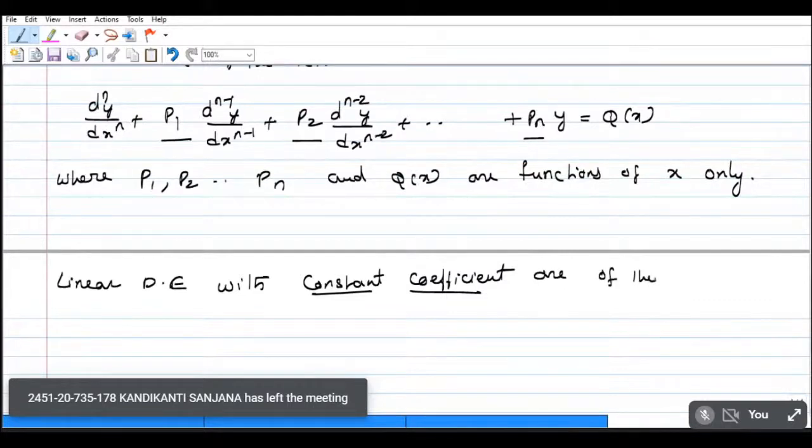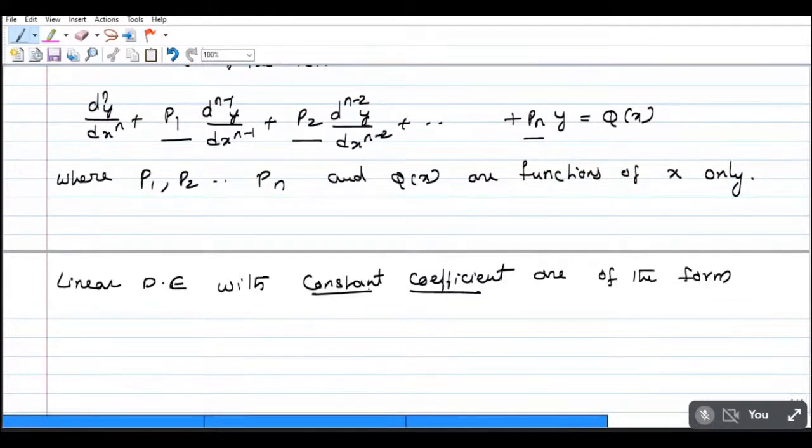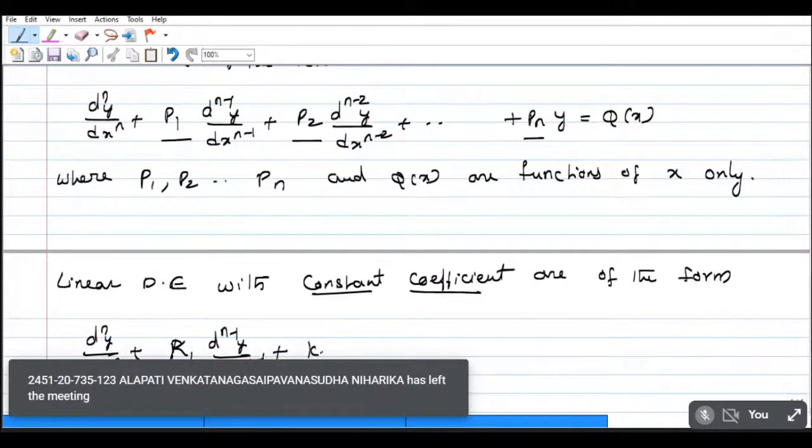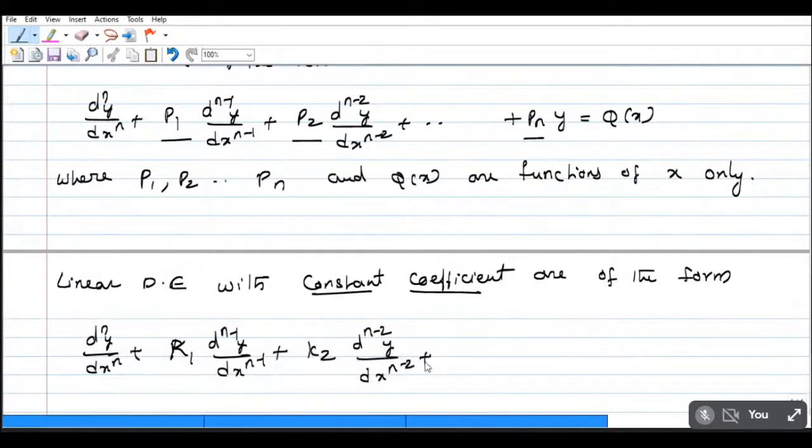It is of the form d^n y/dx^n + k1 d^(n-1) y/dx^(n-1) + k2 d^(n-2) y/dx^(n-2) + and so on kn y = q(x). This is equation 1.